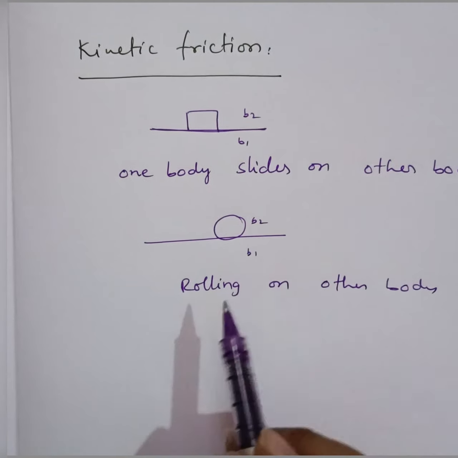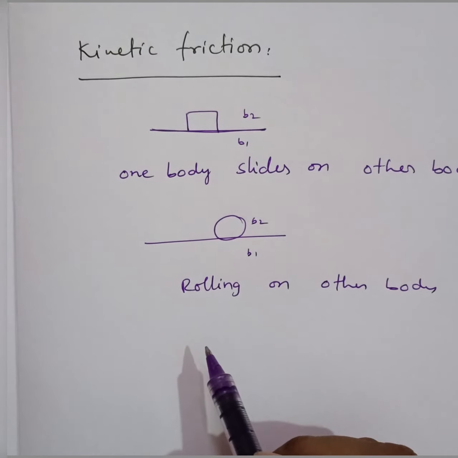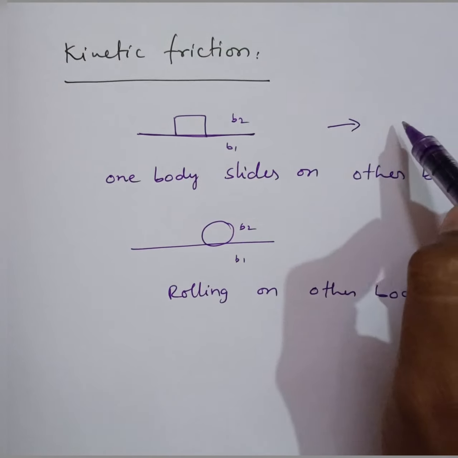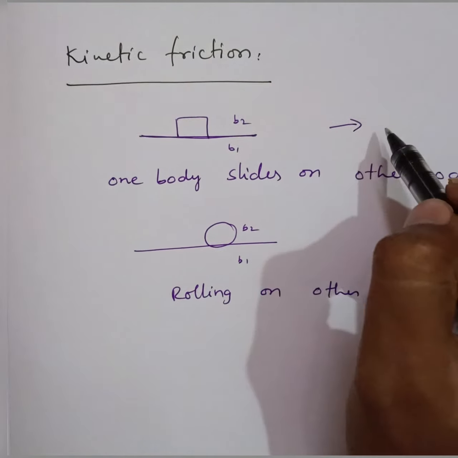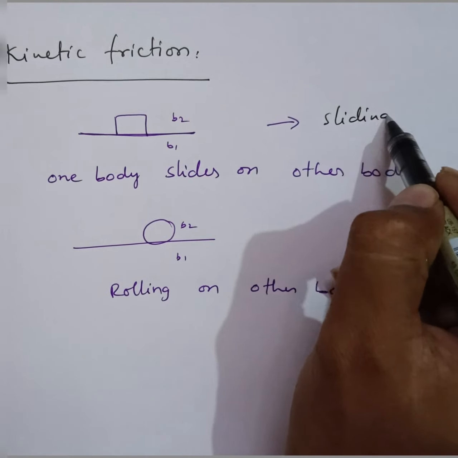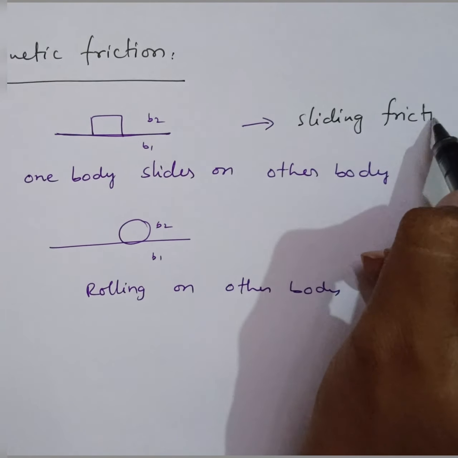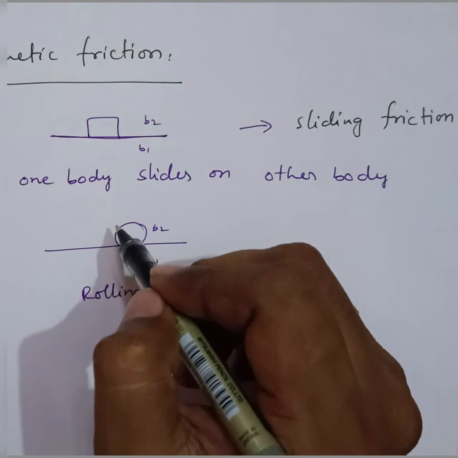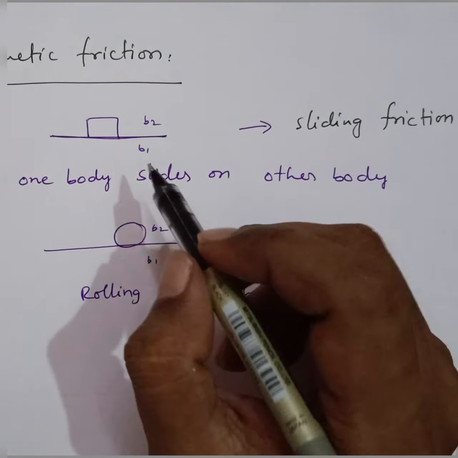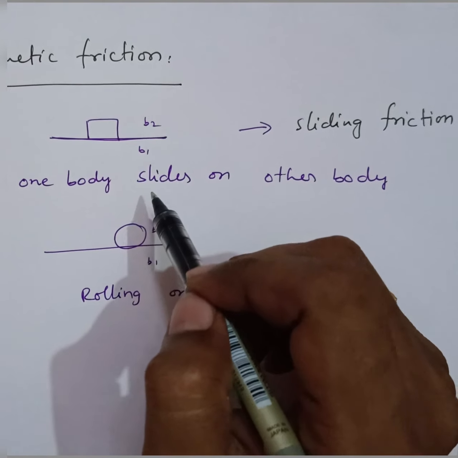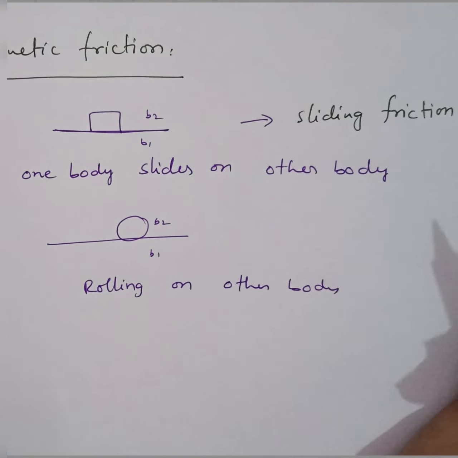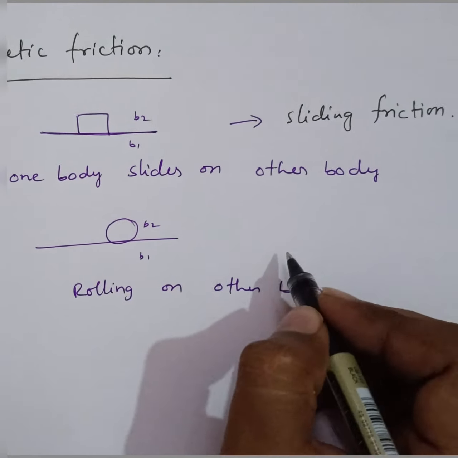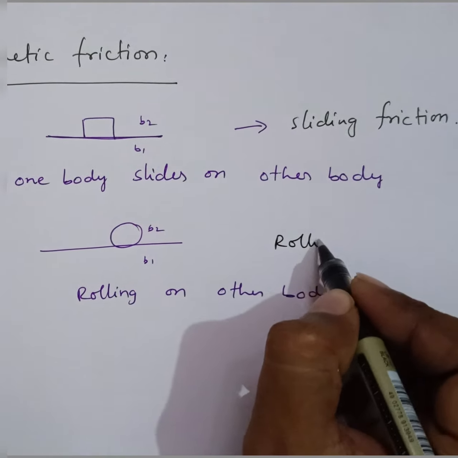This body is sliding on another body, and this is known as sliding friction. Friction between two bodies when one body slides on another body is known as sliding friction. Friction between two bodies when one is rolling on another body is rolling friction.